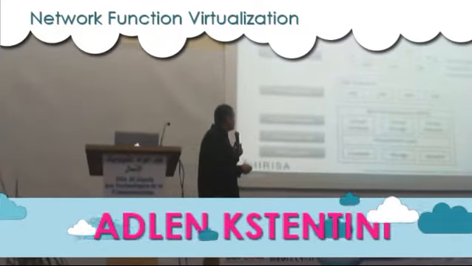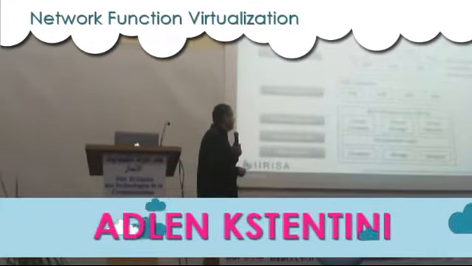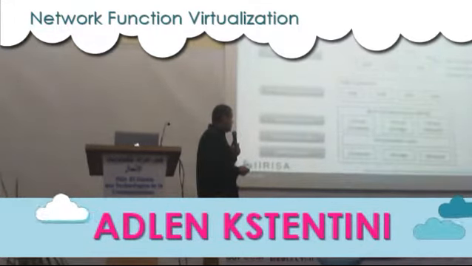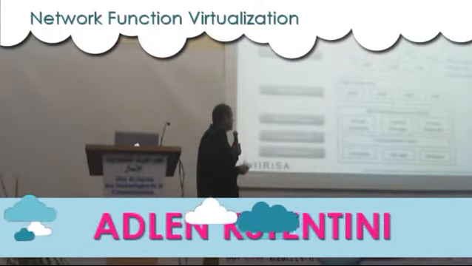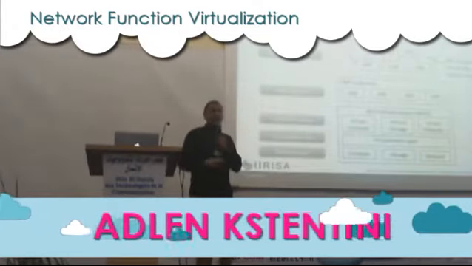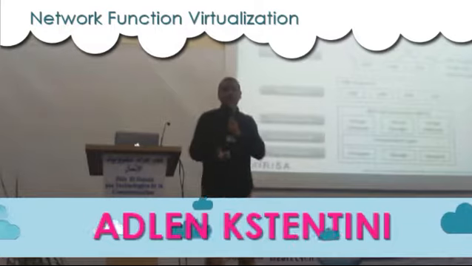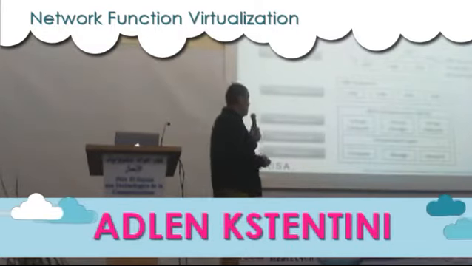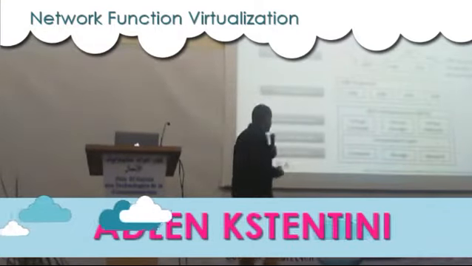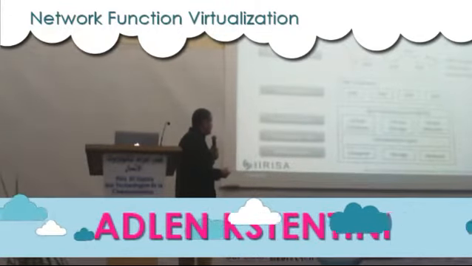Imagine that we need to create a service that must go through this VNF before arriving at this endpoint. The first thing is to create this instance, and after that we provide how to connect these instances by providing a graph, a connecting graph, and this connecting graph will provide the service.